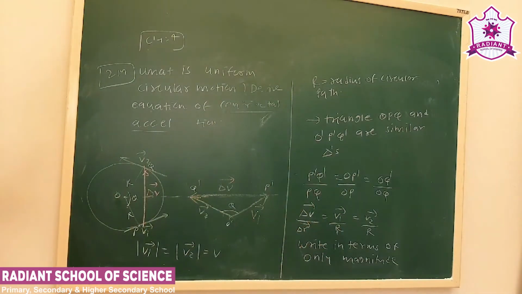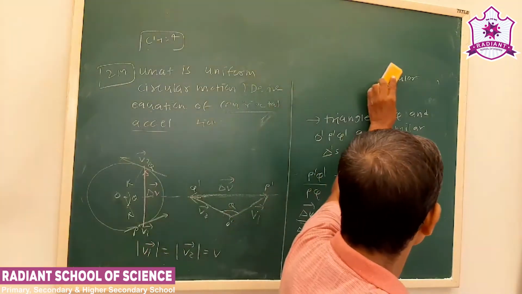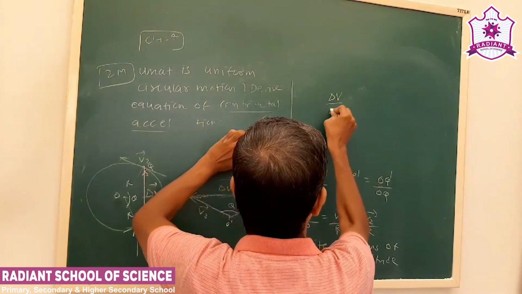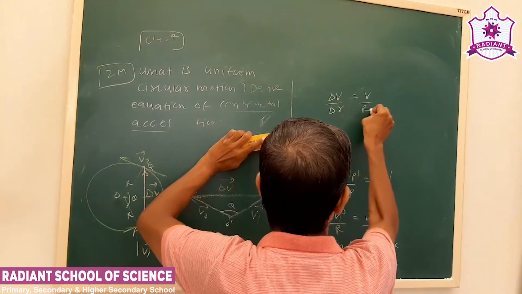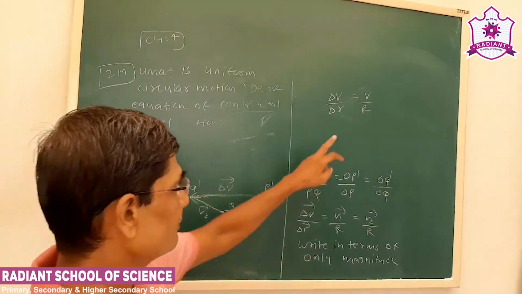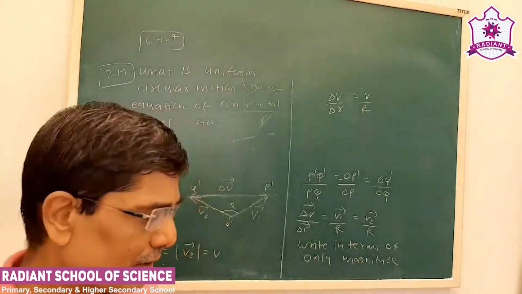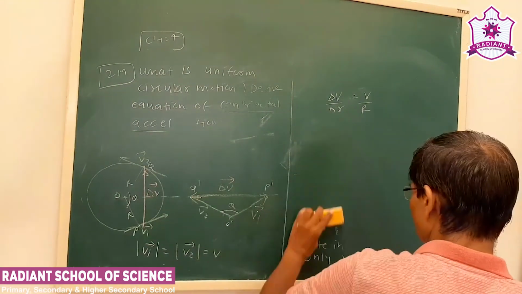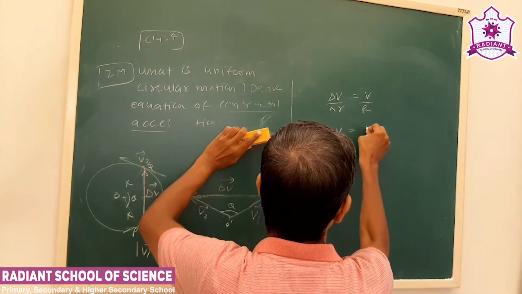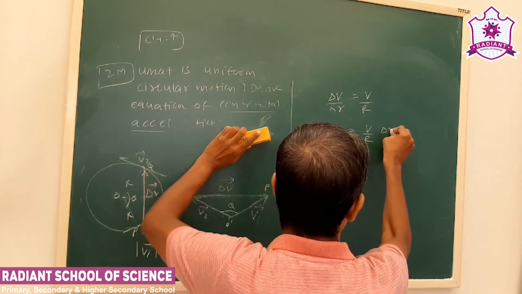We write in terms of only magnitude. So we can write like this, delta V. Okay, this V1 and V2 are same. So this will be V by R. This also will become V by R, so we do not write twice. Now delta V is equal to V upon R into delta R.